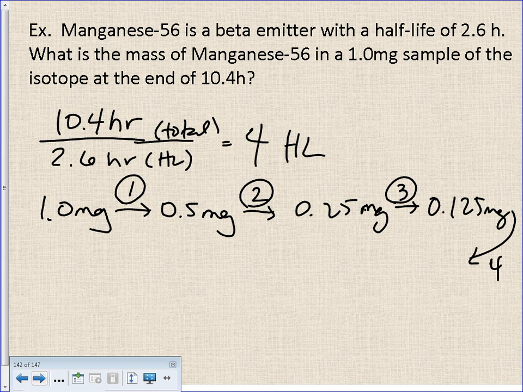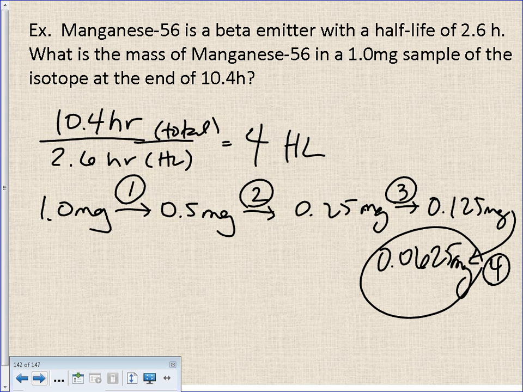Fourth half-life? 0.0625 milligrams. That's how much is remaining of the original manganese 56. The rest of that, 0.9375 milligrams, has decayed to whatever manganese 56 decays to. That's the other part of it.